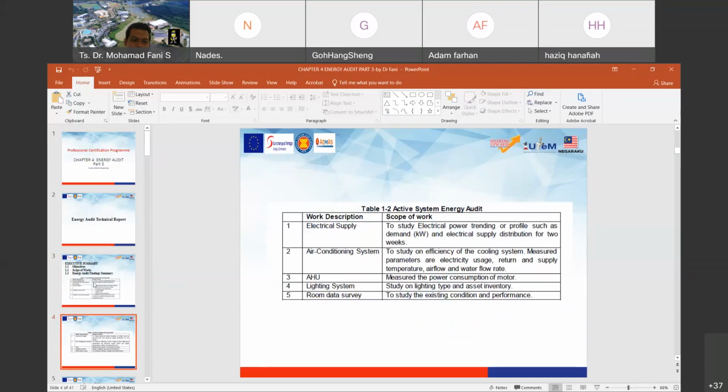And also, you can divide it into two tables. This one represents the active system energy audit, which reflects the active system. For example, electrical supply is an active system.